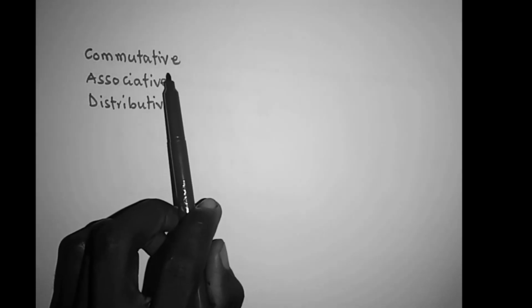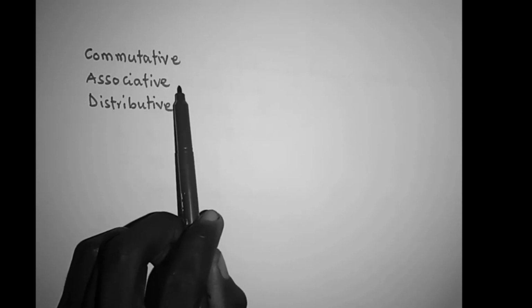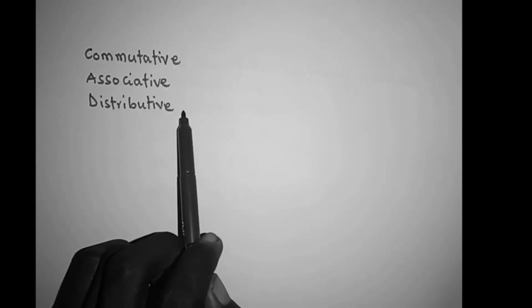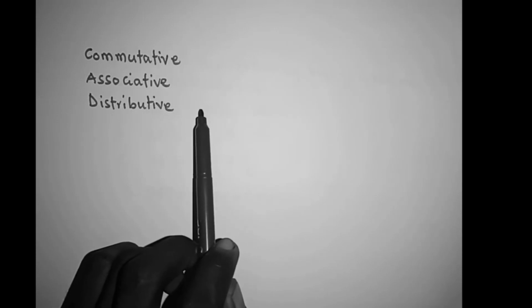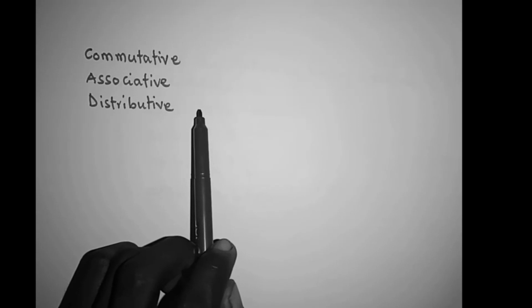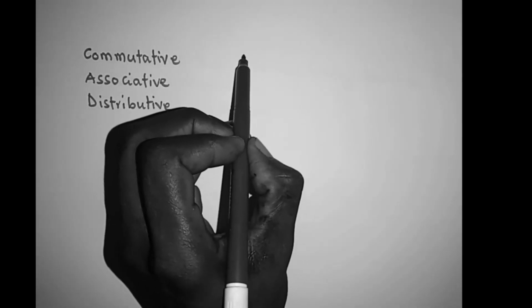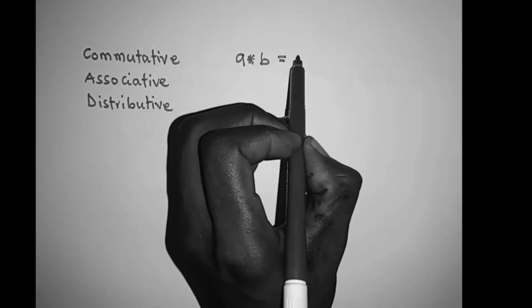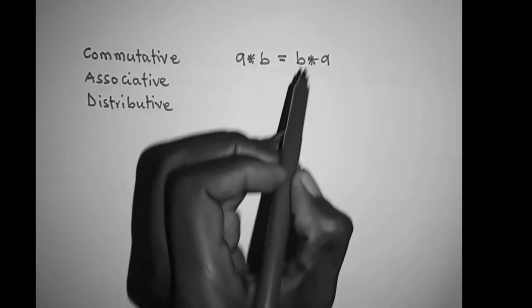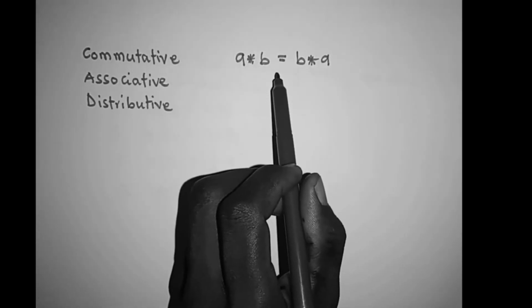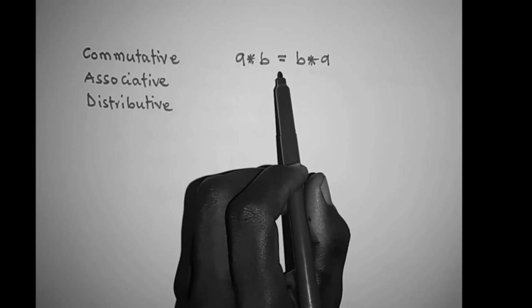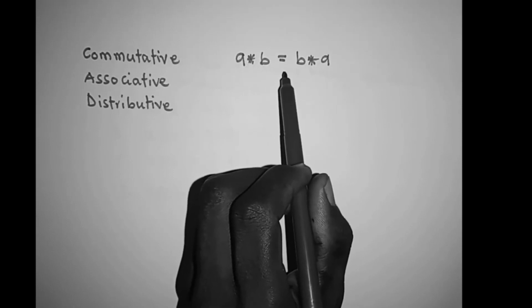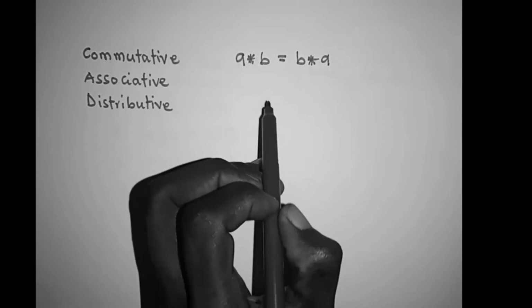There are 3 major properties under binary operations. The first is commutative, the second is associative, and the third is distributive. When we say a binary operation is commutative, what does it mean? It means that, for example, if you perform A operation B, it is the same as B operation A. In other words, the order doesn't matter. If you change the order of the operation, you will get the same result as the first. What about associative?